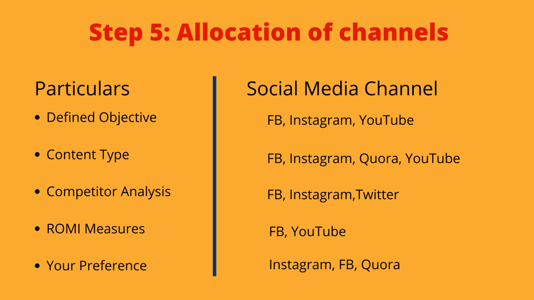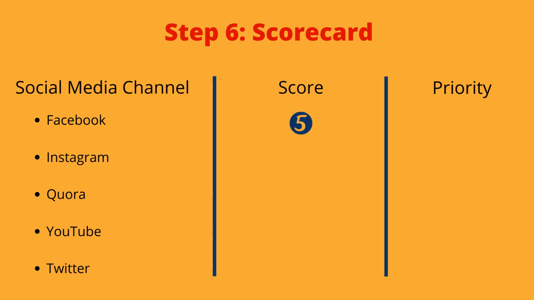If we start with Facebook, I can see that Facebook is mentioned in front of each particular, so it is mentioned 5 times. I'll go back to my scorecard and write 5 as the score in front of Facebook. Similarly, I will do it for Instagram, Quora, YouTube, Twitter.